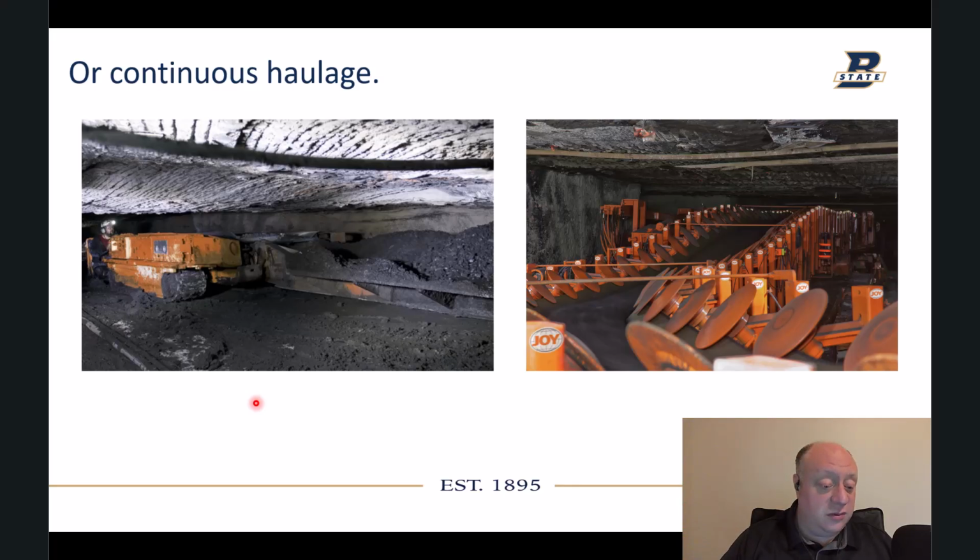They're less flexible, so they're difficult to turn. When I say turn, I mean the section. So you want to have as long panels as you possibly can. That's what you would want for a haulage system.